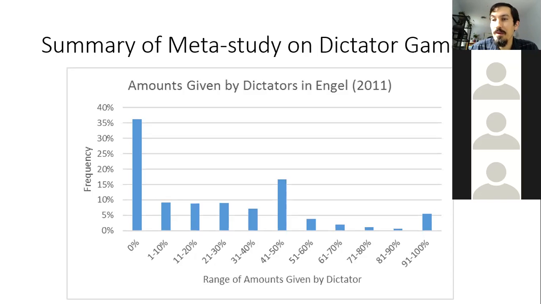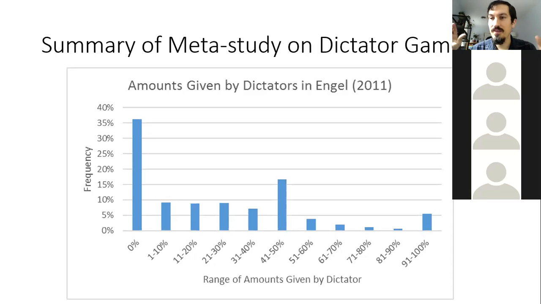It's not just because people are worried about how they might look, because if you take away all the scrutiny, you try to make the game as anonymous as possible so that even the experimenter might not ever see, well, that's not quite true. You still have to get this data somehow, but they can't tell who gave what to whom. So nobody's going to be able to look at you and say, I can tell how much you gave and you're a bad person for it.